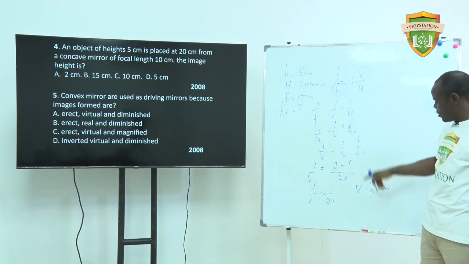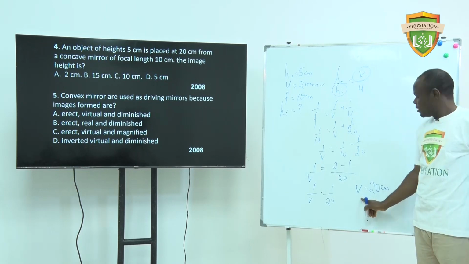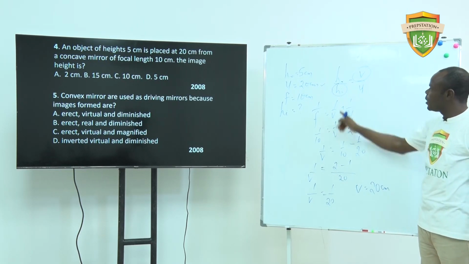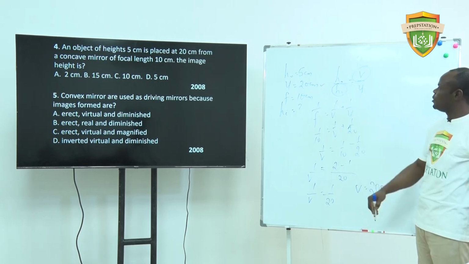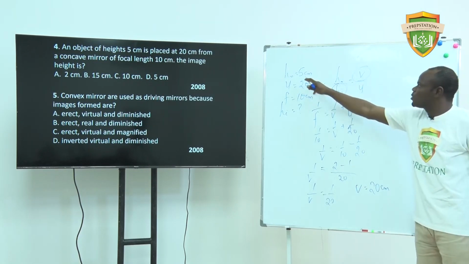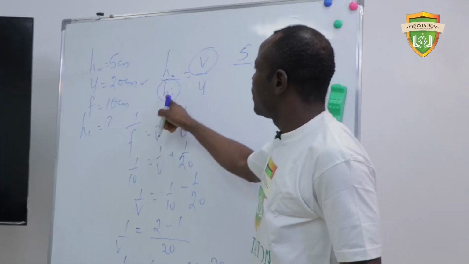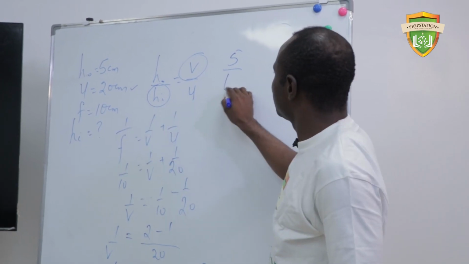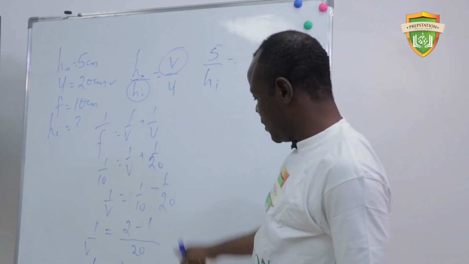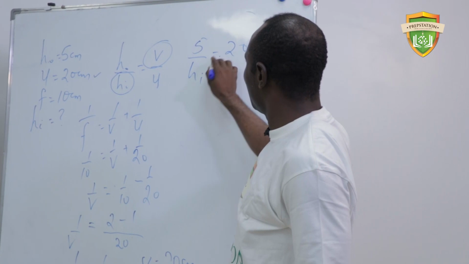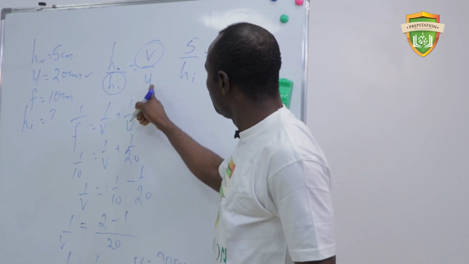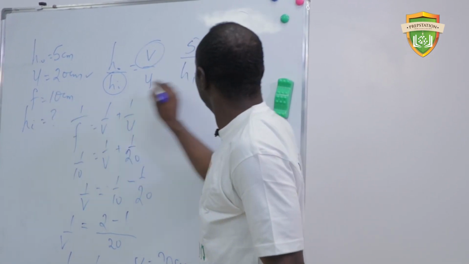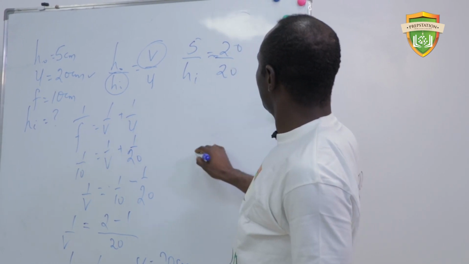We are not done because we are not looking for the image distance. Rather, we are looking for the height of the image. So let's apply this now. H0 is 5, then HI is unknown. V is just gotten as 20, and originally we know that our U is 20 as well. Okay?